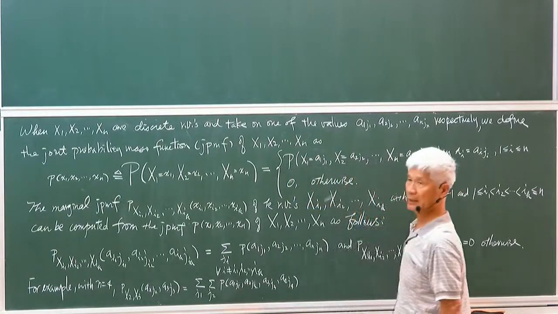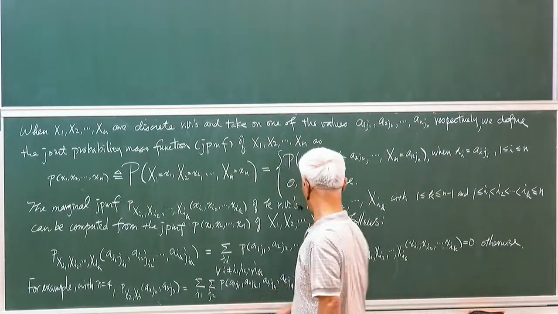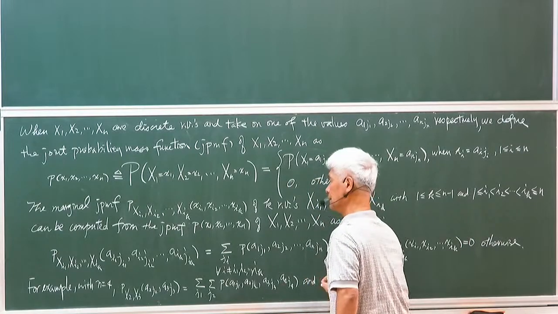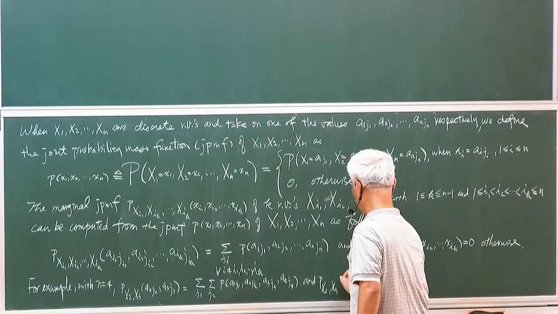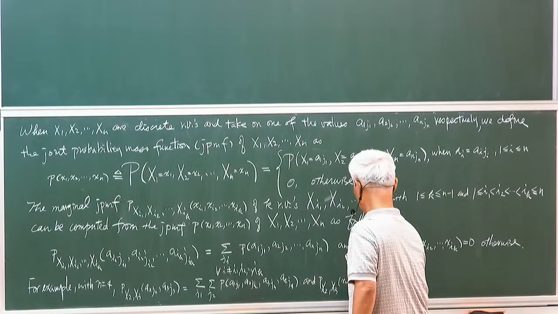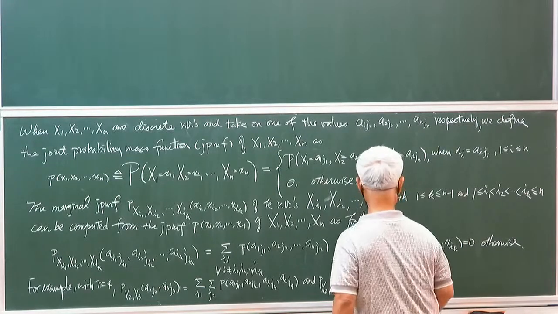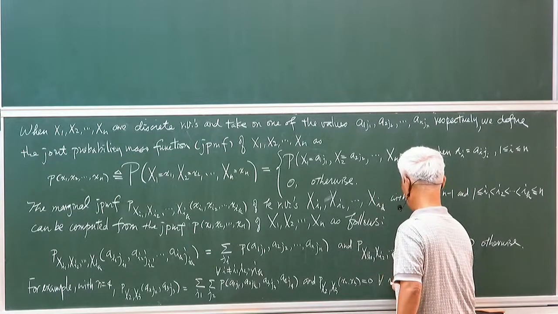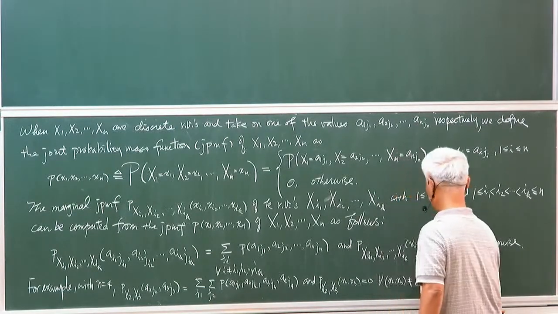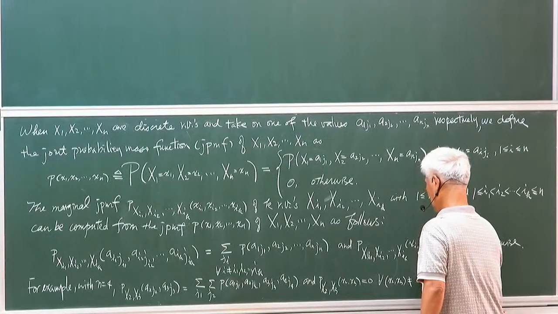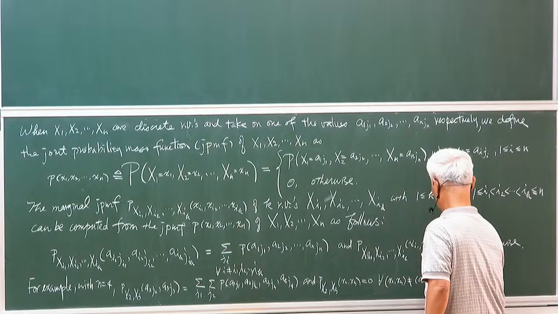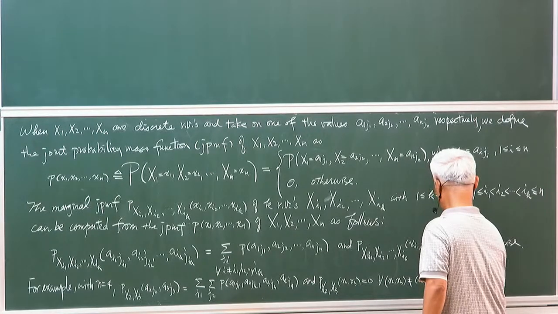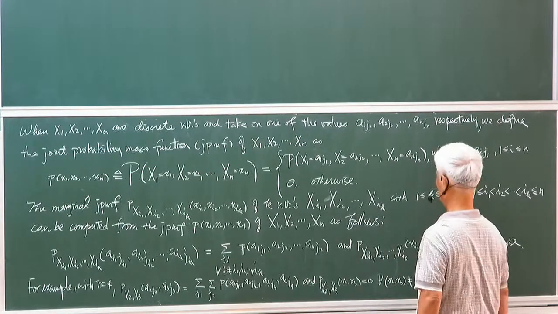Okay? So it's a double sum. And little p of x2, x3 at little x2, little x3 is equal to 0 for all x2, x3 not equal to A2J2, A3J3. Okay.